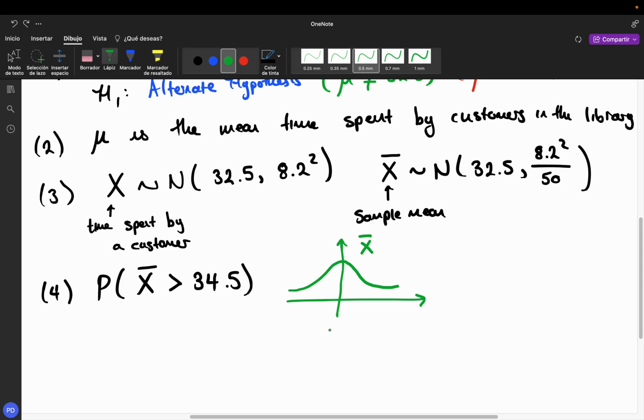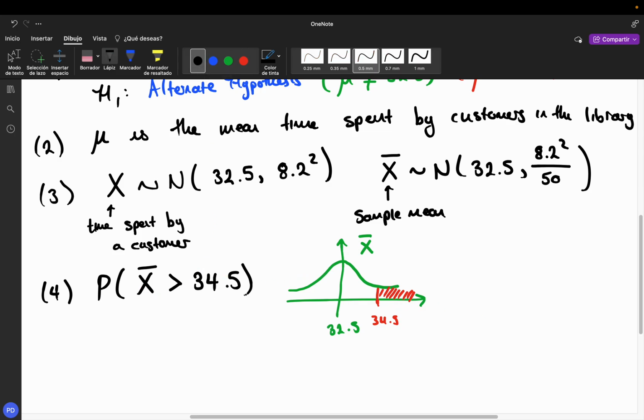So my mean is what, 32.5? And let's say this point here is 34.5. Okay, so I'm looking for everything to the right. This statement is me asking, what's the chance my sample mean was 34.5 or anything bigger, right? What if it's 35, 37, whatever.